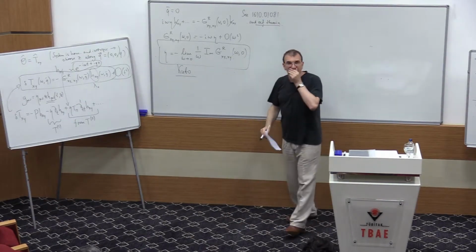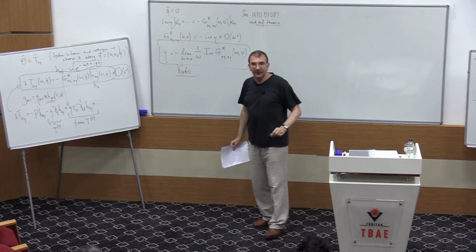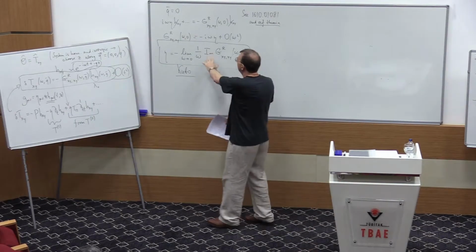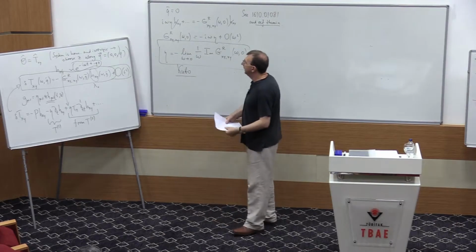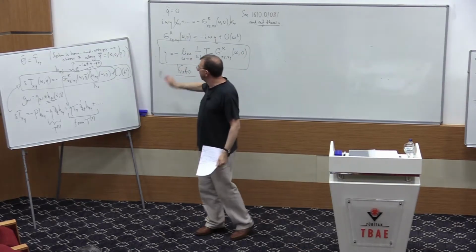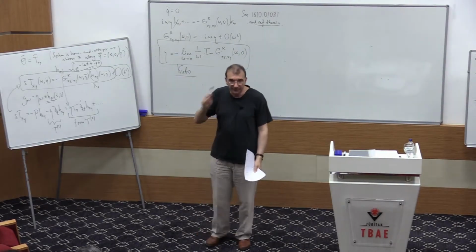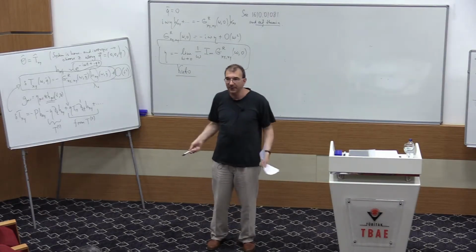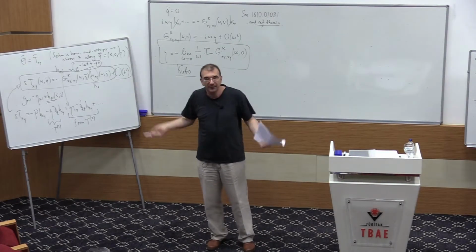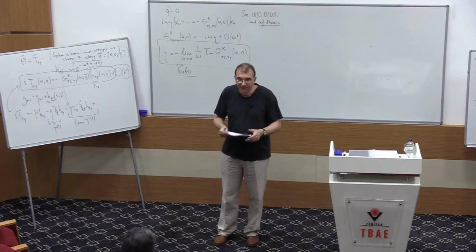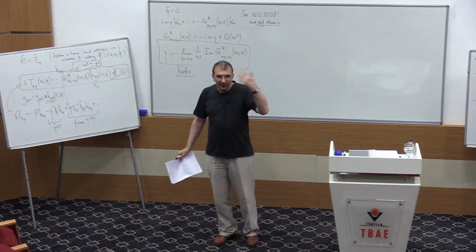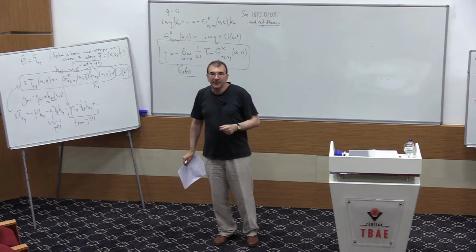Because people in the 1950s wrote down these formulas for the transport coefficients of first order hydrodynamics, because second order hydrodynamics nobody was interested in at the time, it wasn't developed. And there is a set of these formulas by Green, Kubo, and Luttinger.